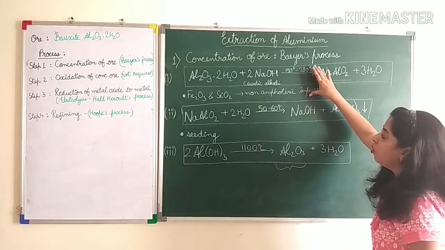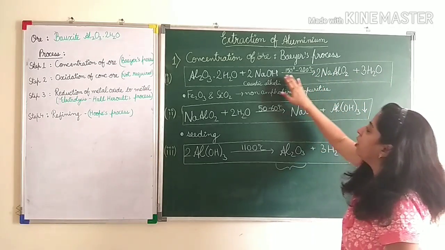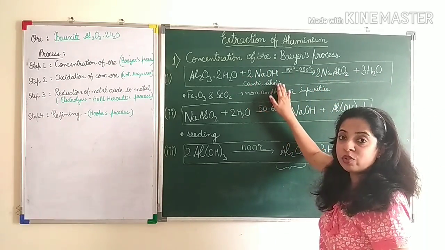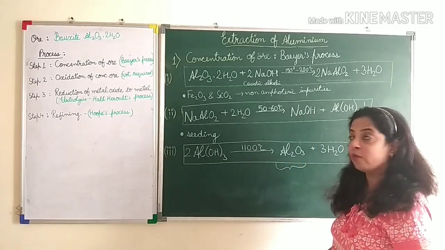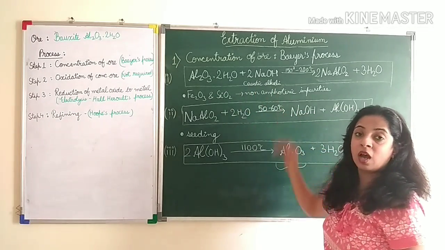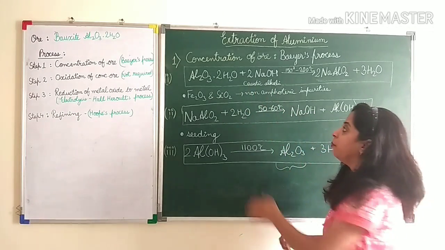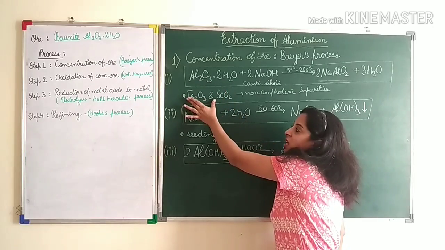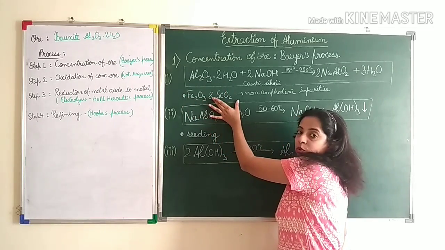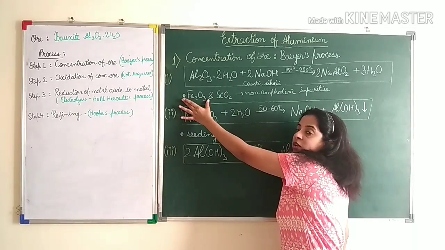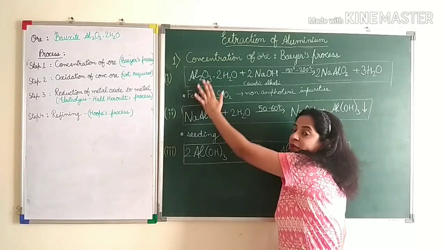Now they ask you why a caustic alkali, or why sodium hydroxide, is used in the first step. It is used because the impurities in this are Fe2O3 and SiO2, iron oxide and silicon oxide. These are the impurities that are present.